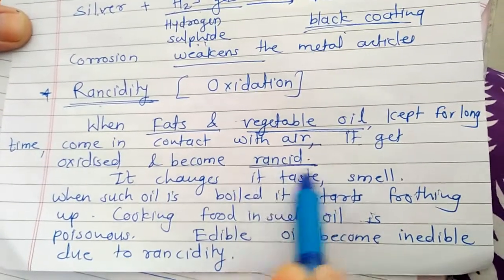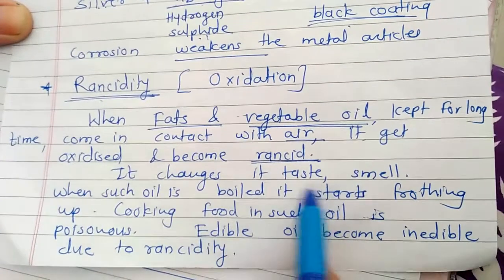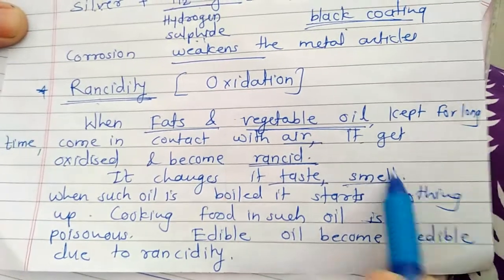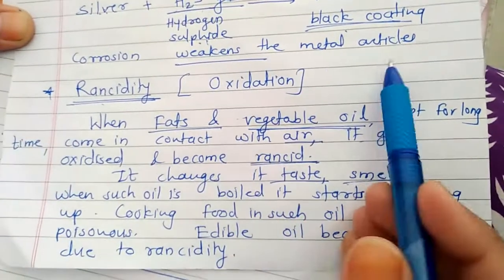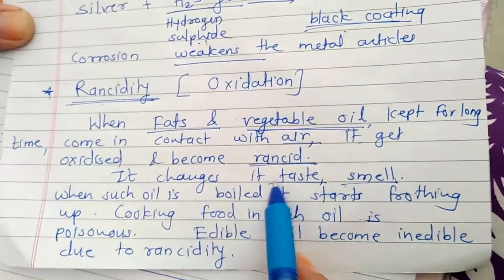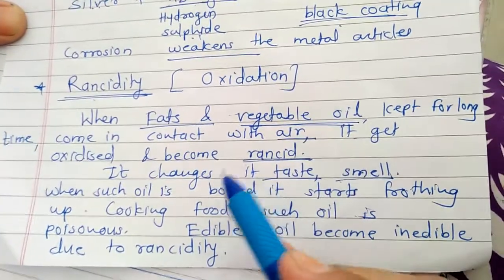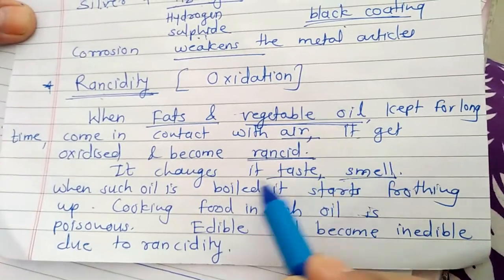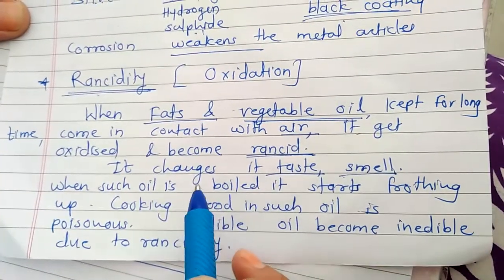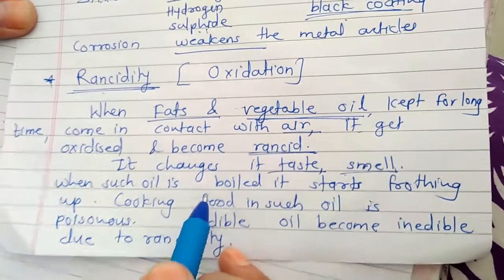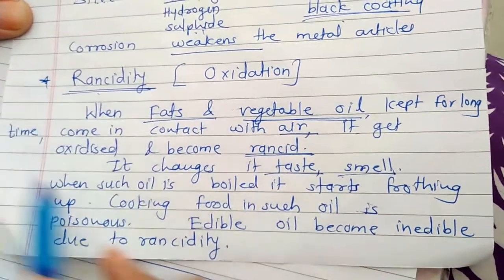Rancid means it has a very bad taste and bad smell. If we cook food in such oil, that food becomes poisonous and gives an unpleasant smell and unpleasant taste.